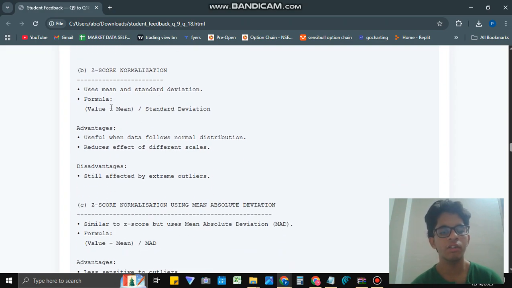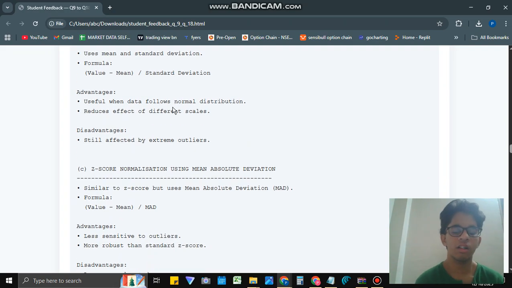Z-score normalization, we have talked about it earlier as well. So the formula is basically removing the mean from the data value and dividing it by the standard deviation. It is still affected by extreme outliers, but the major advantage is it reduces the effect of different scales. Extreme outliers are still there, but the average outliers are handled easily by this method, and it's very useful when the data follows a normal distribution.